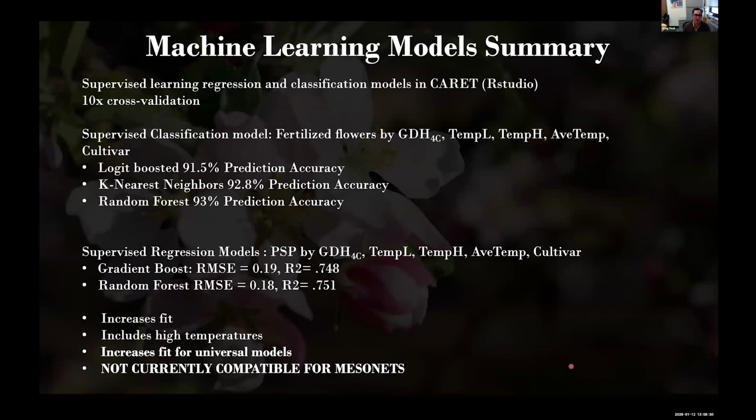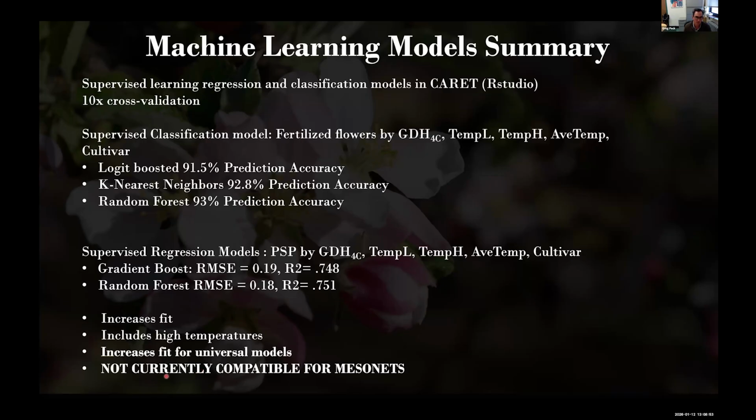We also did some artificial intelligence modeling work using machine learning tools, random forest trees. I'm not going to go through all the details, but the important thing is that it really increased the fit of the models. It was able to adapt to the high temperatures a lot better and was a better fit for the universal models.